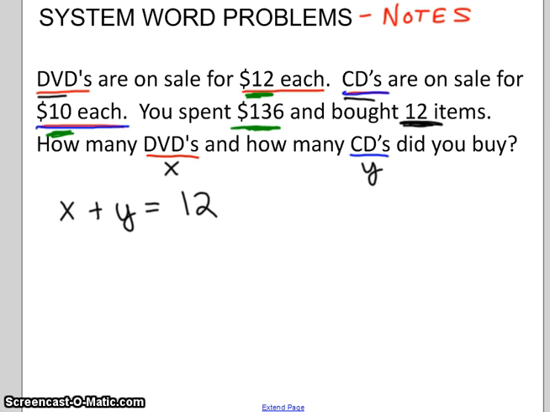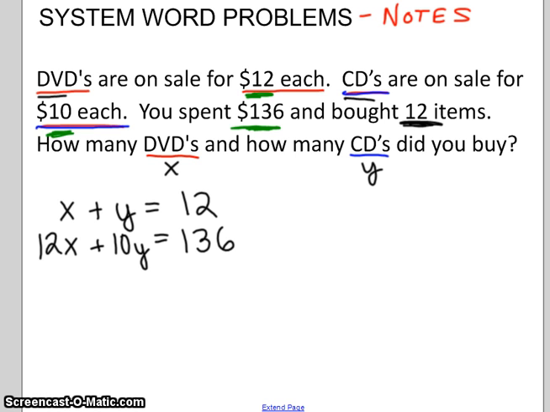So it's going to be 12 times the amount of DVDs, because each DVD is worth $12, plus 10 times y, 10 times the amount of CDs we bought, and that's going to equal the amount of money we spent, 136.